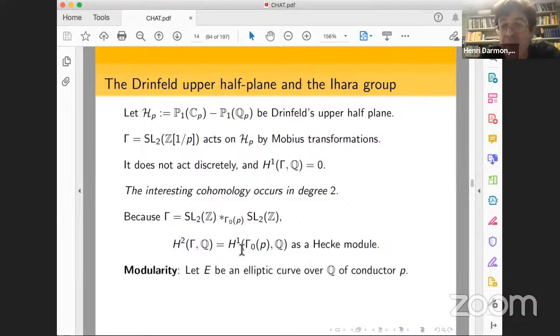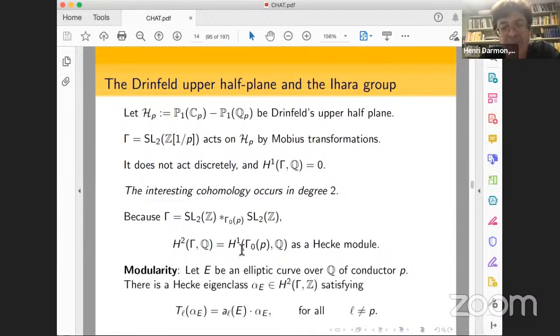So modularity tells us that if we have an elliptic curve of prime conductor p, then it corresponds to an eigenclass in this H1. This H1 of Gamma_0(p) is a very familiar object as a Hecke module. The systems of Hecke eigenvalues one picks up essentially correspond to weight 2 modular forms of level p.